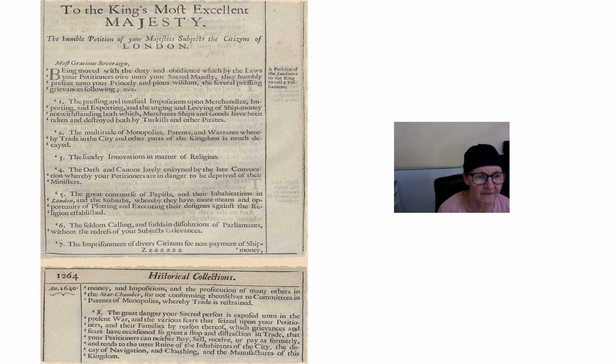They used F. They humbly present, which is present, unto your princely and pious wisdom, which is wisdom, the several pressing grievances following, which is the several pressing grievances. So we used to use an F in the place of S.